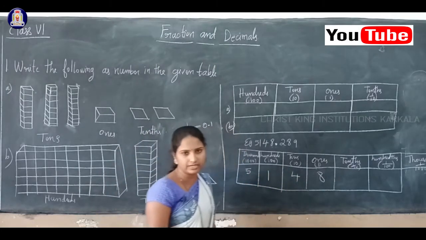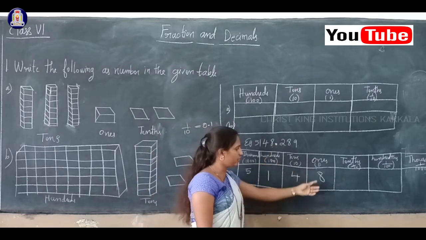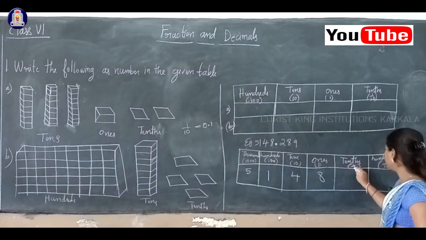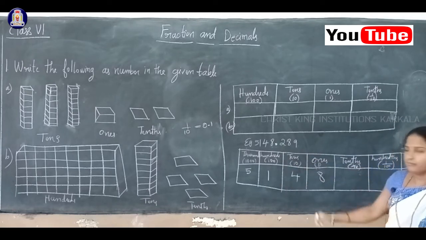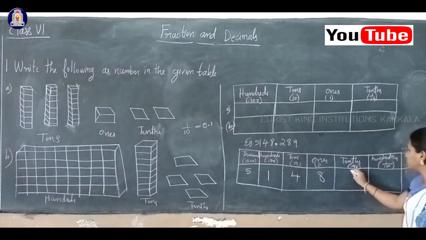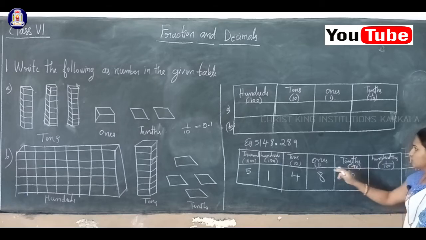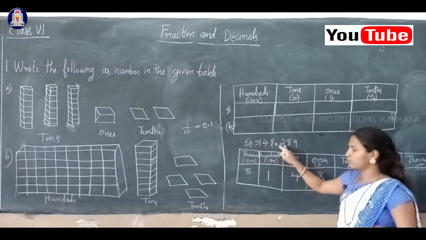So 5148. After the decimal point, after the ones place, the next place is 1 by 10. This is in the tenths place, so 2 by 10. 2 by 10 you can directly write as 0.2. So after the decimal point, here you can write 0.2.